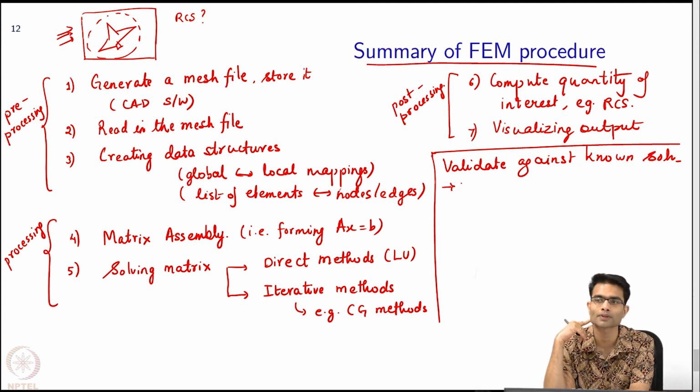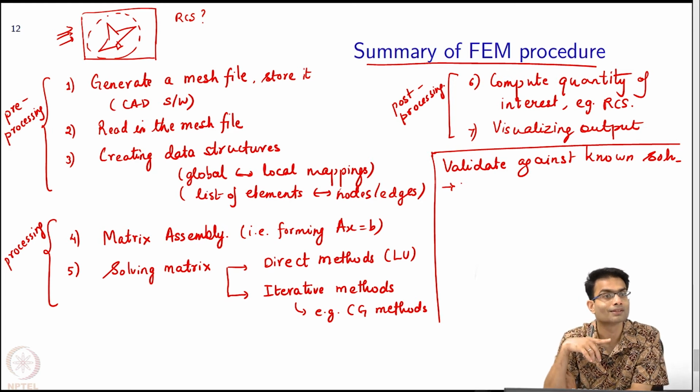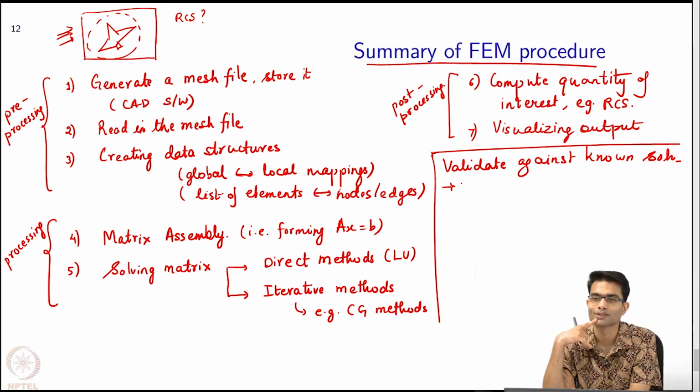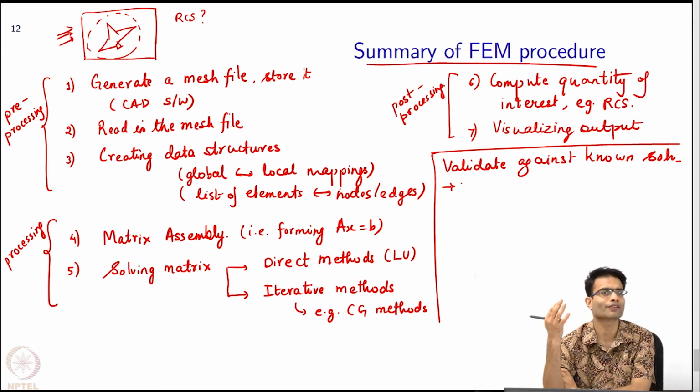What is a problem that even a class 9 or 10 student knows the answer to? Huh? Not point source. A wave through free space. Okay, but there is no calculation involved over there. Okay, reflection coefficient.